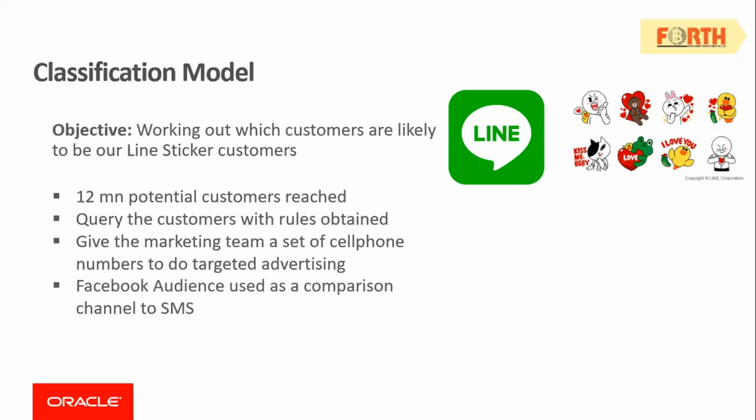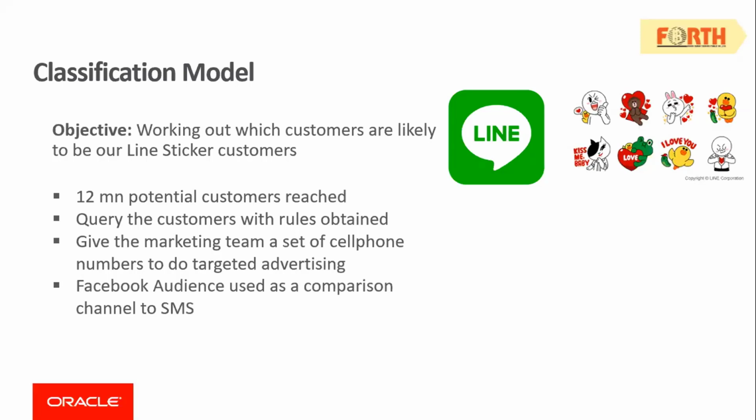And what we did with them was that instead of providing them with phone numbers to call, we actually give them targeted lists. It used to be that we advertised for them in a mass market way. And then we found that the majority of our customers, even though they're the perfect customers for Line, are not interested.